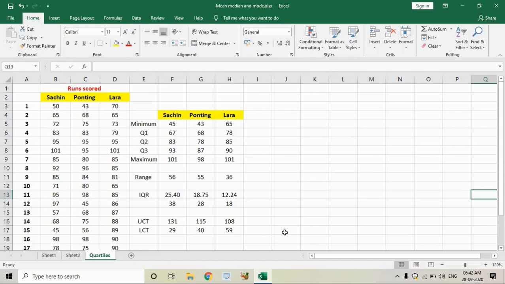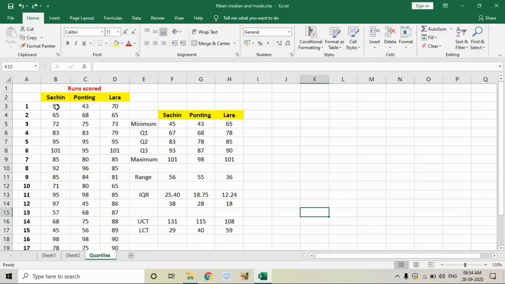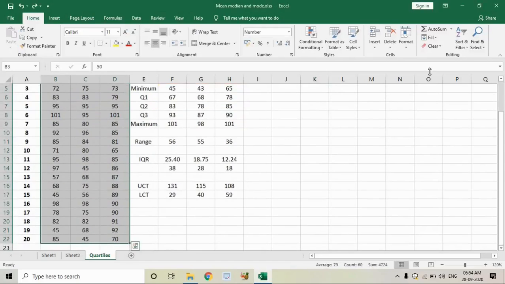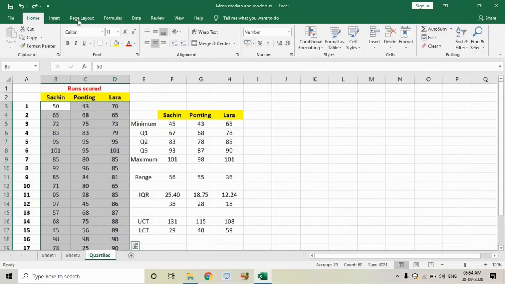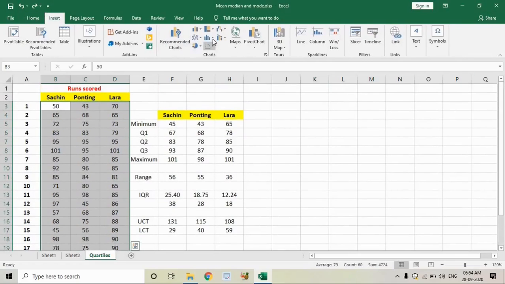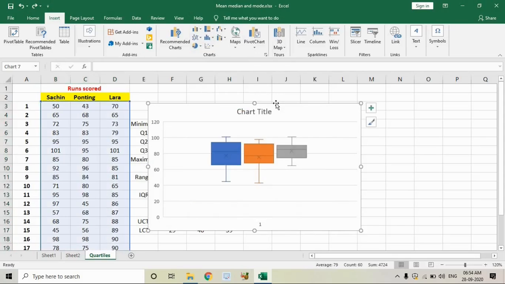So we can find these extreme values when we plot a graph, a box and whisker plot. So once we have the graph with us, we can see the outliers. So let's go ahead with that. Now we can go ahead with the box and whisker plot, and for that we need to select the data first, then move to insert, statistic chart, box and whisker.